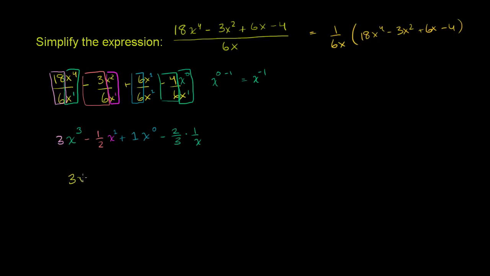It's going to be 3x to the third minus 1/2 x plus 1, because this thing right here is just 1, and then minus 2 in the numerator over 3 times x in the denominator. And we are done. Or depending on what you consider more simplified, this last term could also be written as minus 2/3 x to the negative 1. But if you don't want a negative exponent, you could write it like that.